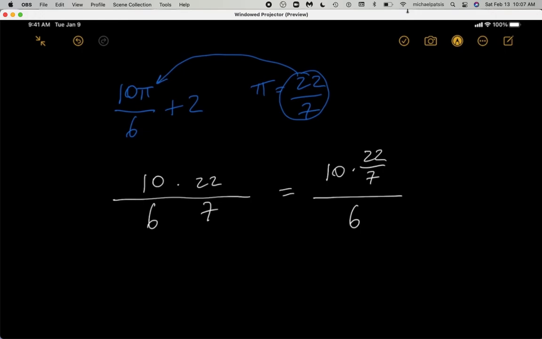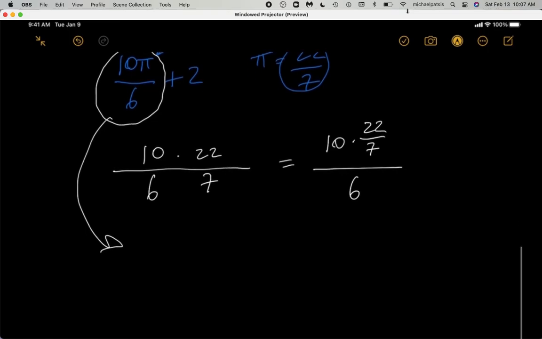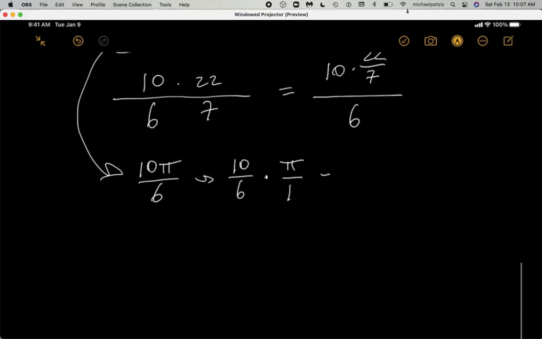I find it helpful to take this expression and expand it. Okay? So what we're going to do is we have 10 pi over 6. That's the same thing as saying 10 over 6 times pi over 1. And if you're not sure you did that right, go back and check.